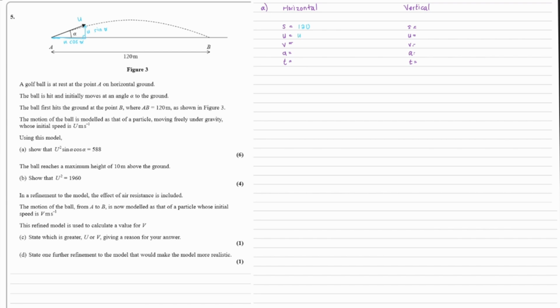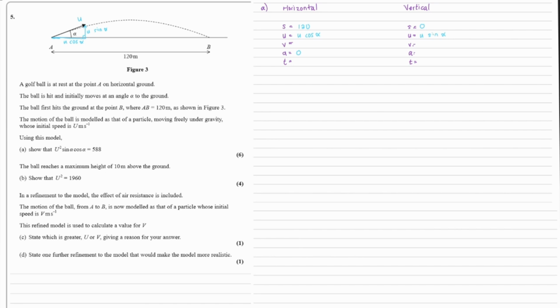So we can put that into our horizontal component, u cosine alpha. We know that the acceleration is a vertical force, so the horizontal component of our acceleration will be 0 meters per second squared. Moving on to the vertical, we know that the displacement in the vertical will be 0. Our initial velocity is going to be u sine alpha.